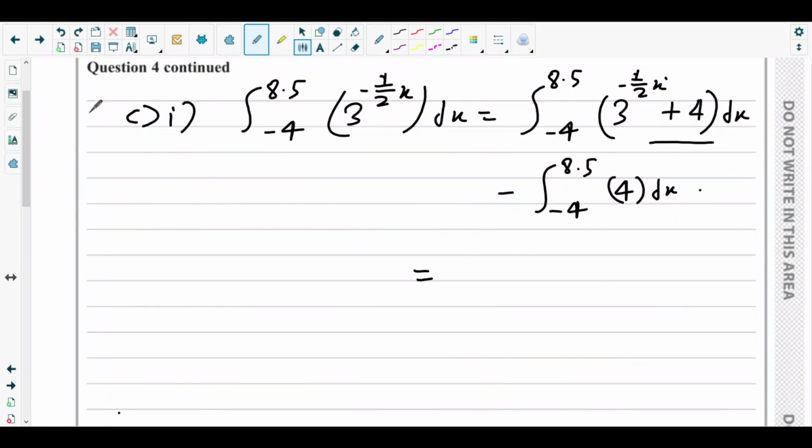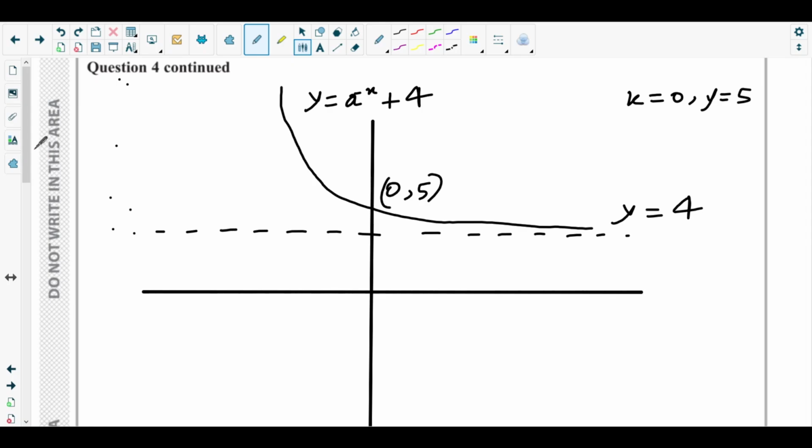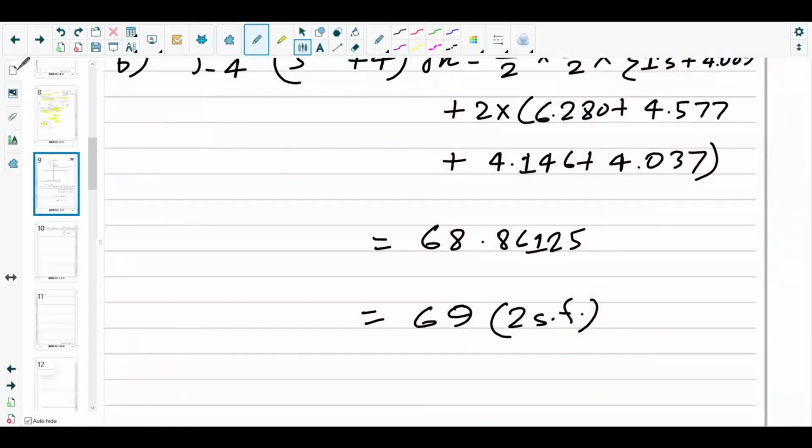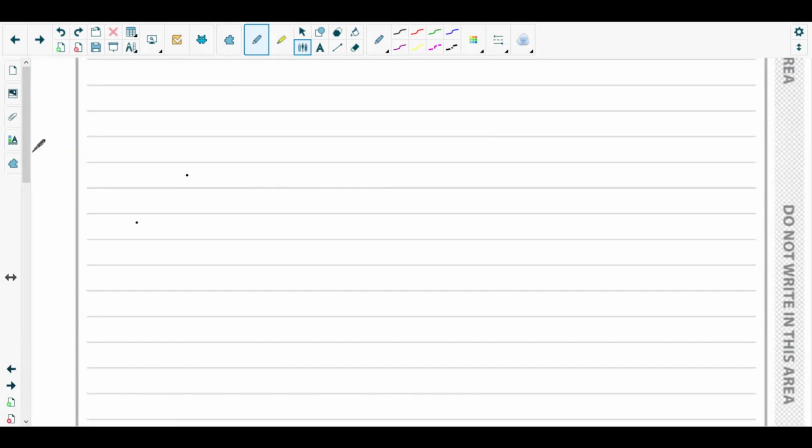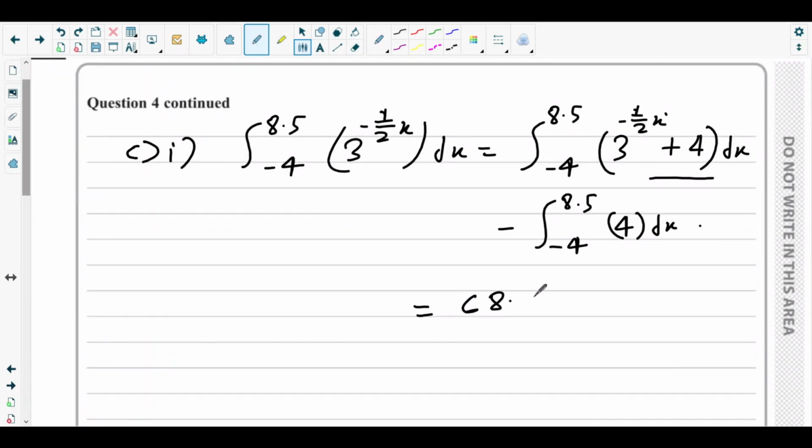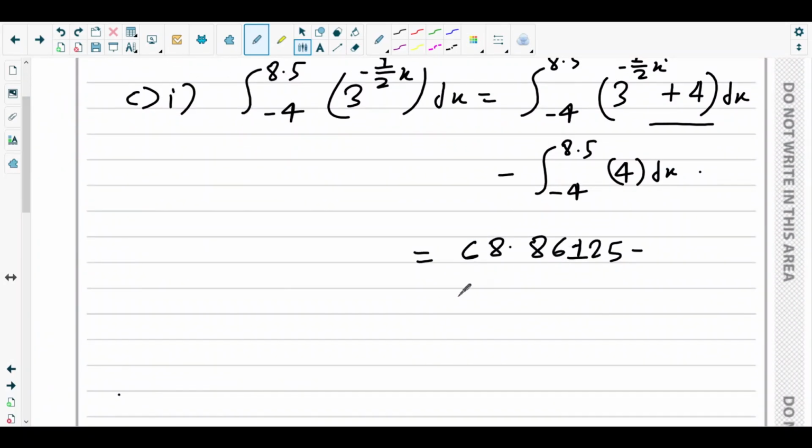The answer of part B we got was 68.86125, minus the integration of 4, which gives you 4x. The upper limit is 8.5, the lower limit is -4. So that gives you 68.86125 minus 4 times 8.5, which is 34, plus 4 times 4, which is 16.